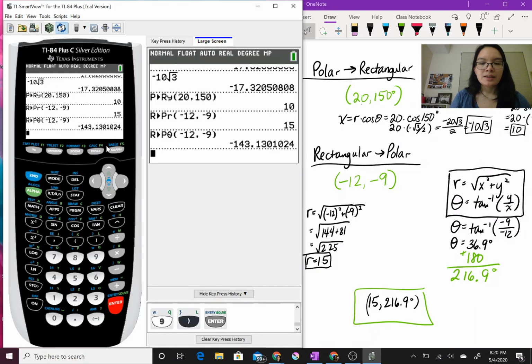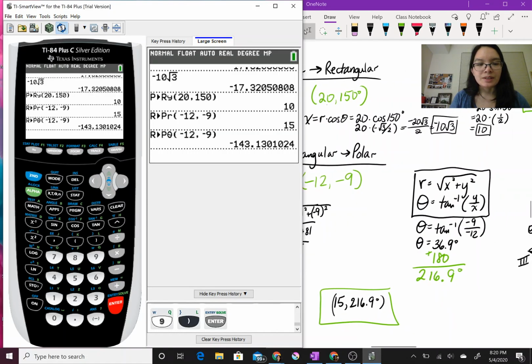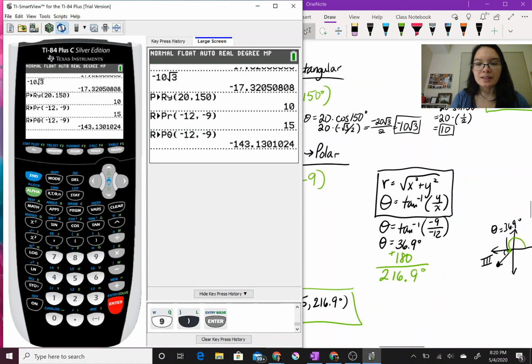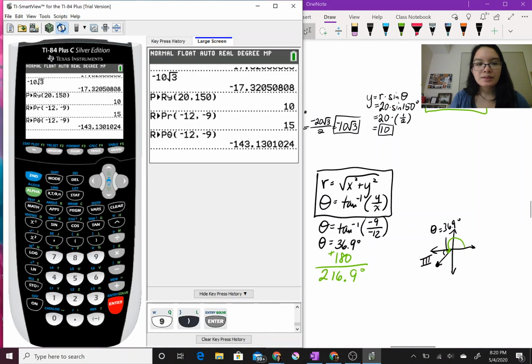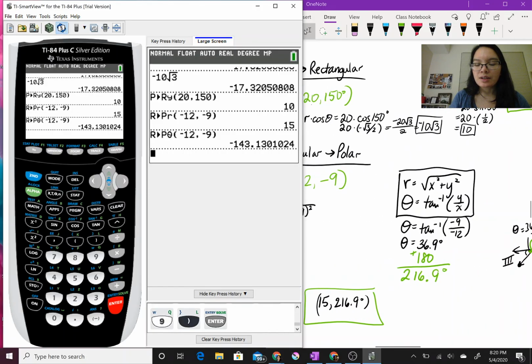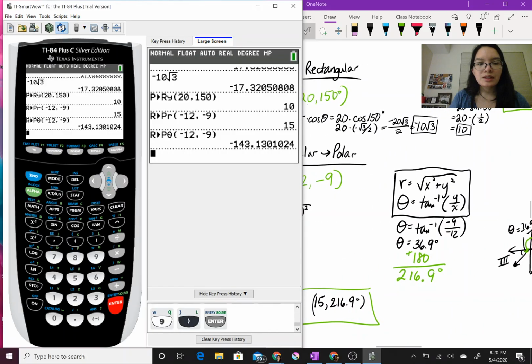And I get negative 143.13. Now that's interesting. I didn't get it for that one. So I wonder what happened then. So let's see. It's true that I have negative 143.